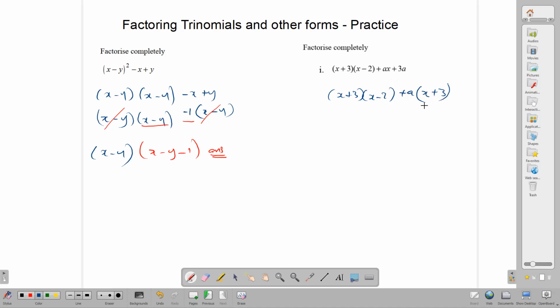Now look at your expression, and once you look at it, you realize that two brackets are the same. This one is exactly the same as this one. So we write our first bracket, x plus 3.